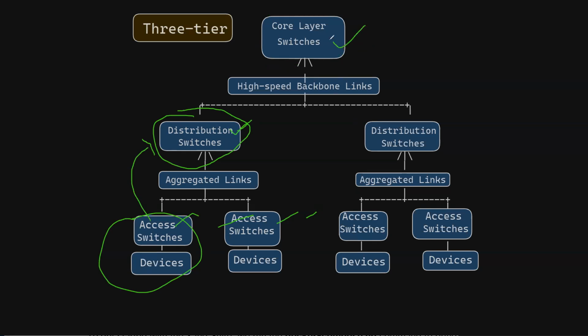Now, what about the core layer? All the access switches have a dependency on the core layer, and all the distribution layer switches have a dependency on the core layer. If you make any changes at the core layer, then you have to think about distribution and access switches, which means the overall business may be impacted.